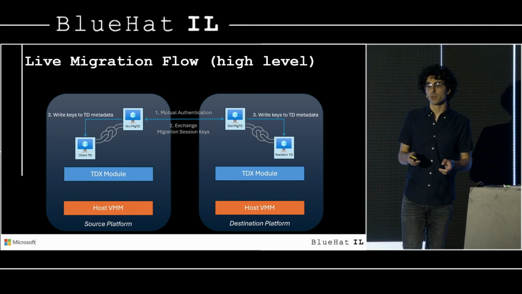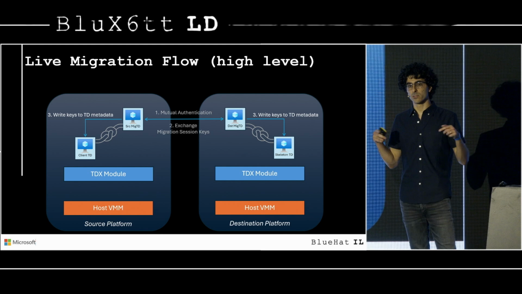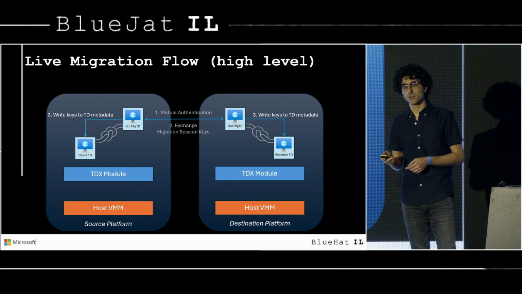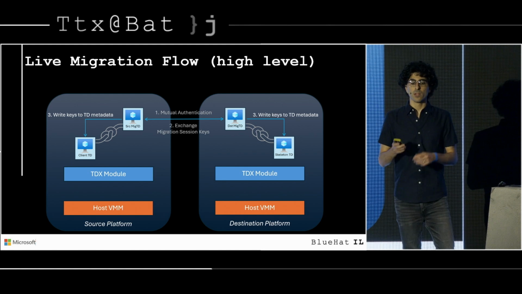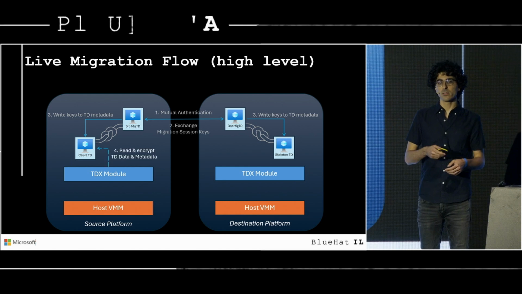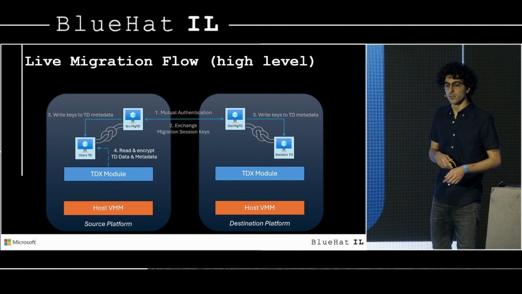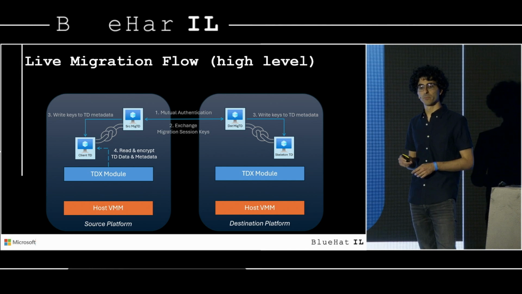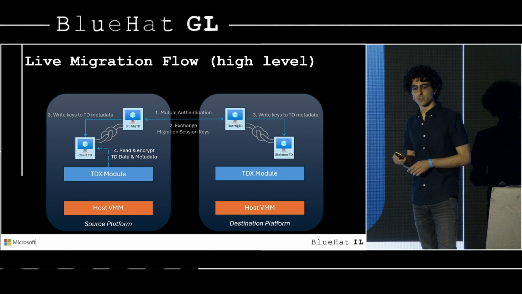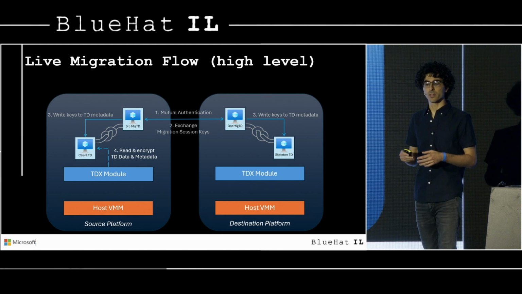And in the next step, the two migration TDs will write those keys to their respective TD metadata, so it will be accessible to the TDX module itself. Now, on the source platform, the module will read and encrypt that TD data and metadata, everything that you want to send to the destination platform, using the session keys, of course. And the module will create encrypted migration bundles out of that.